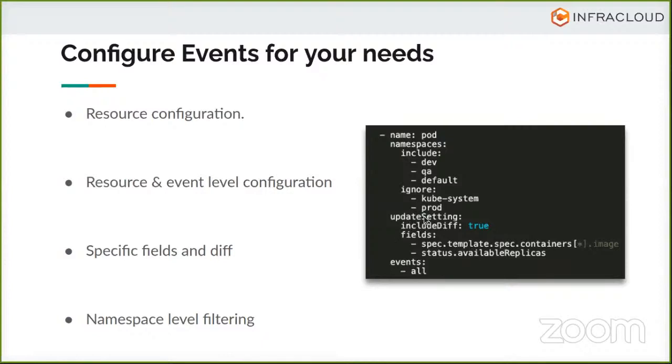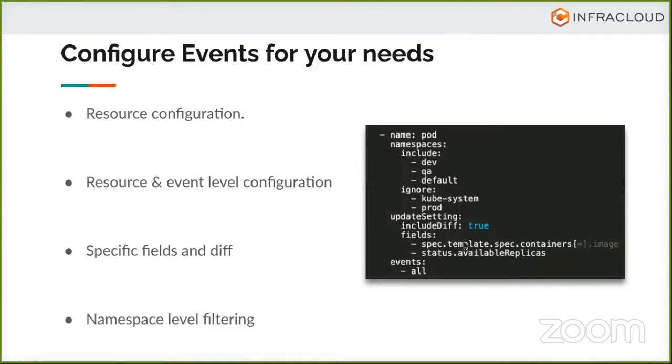For update events, you can add additional information, like if you want to include a diff, or if you want to get notification about updates in a specific field. For example, I want to get additional info with the update notification about changes in the container image field.